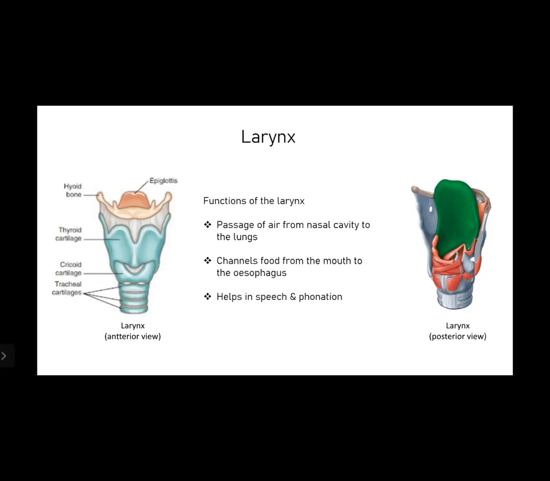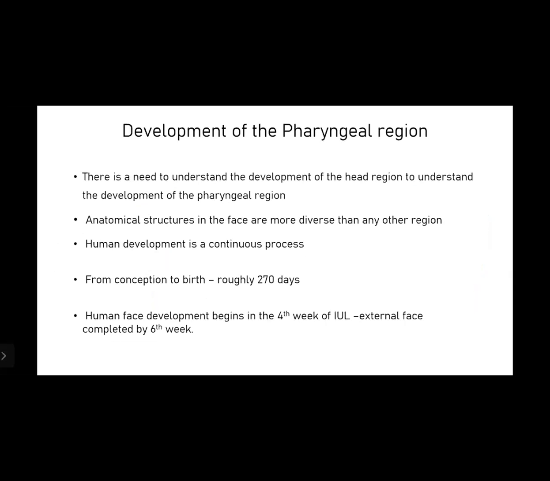Okay, so why is there a need to understand the development of the pharyngeal region? In order to understand the development of the pharyngeal region, you need to have a thorough understanding of the head region as well, because the anatomic structures in the face and head are more diverse than any other region.